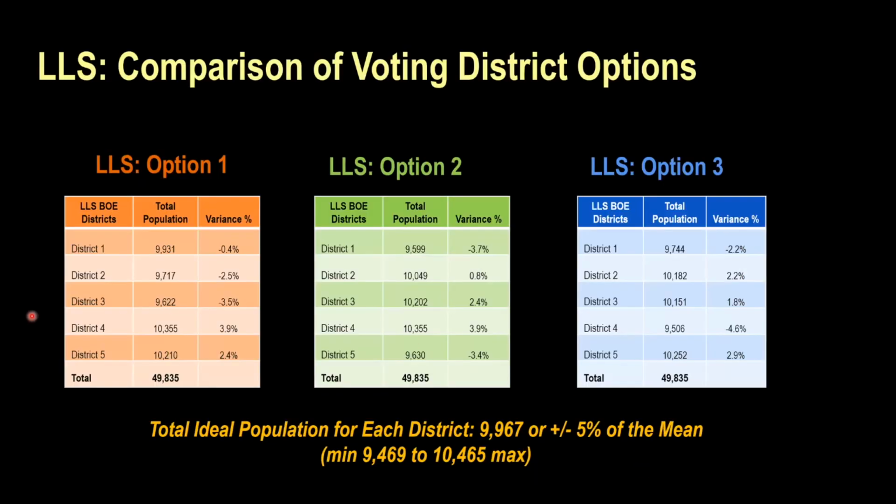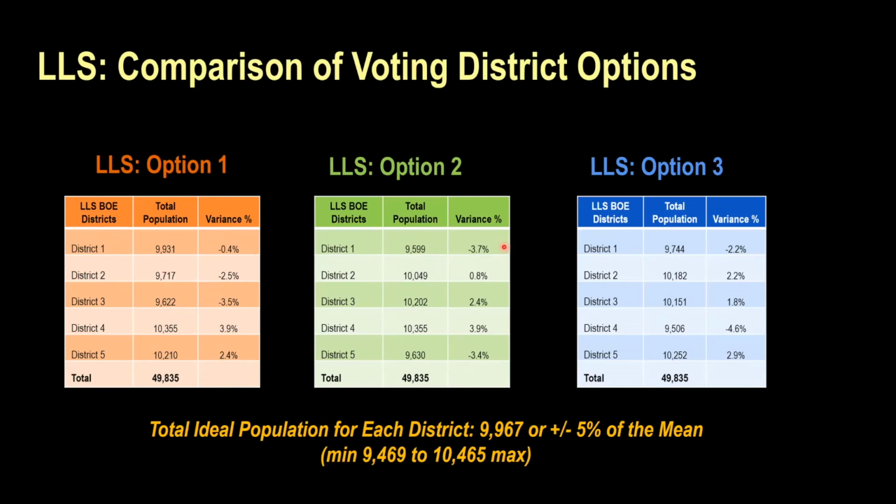So again, when we look at them all across the board side by side, District 1, where that ideal population is at 9,967, under option 1 is slightly below at 0.4%.